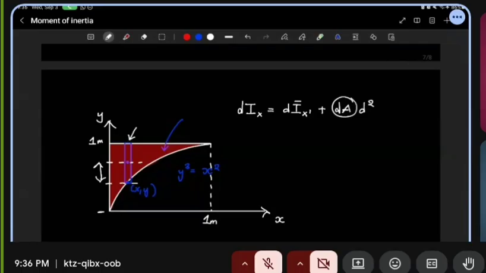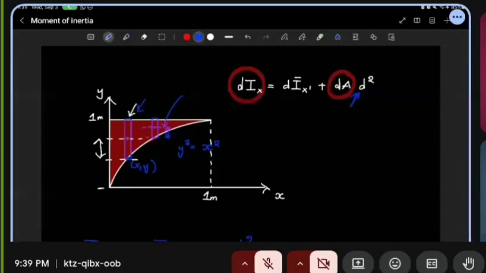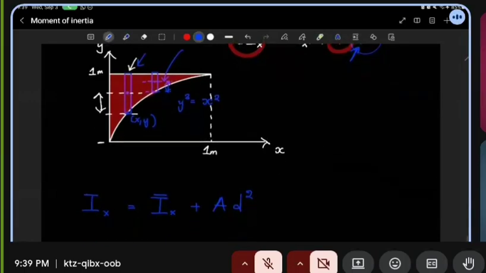Any questions on that? The distance d here is the distance from the axis we're evaluating about, and here the axis is the x-axis, not the base of the section we have selected. So it's from the x-axis to the centroidal axis.